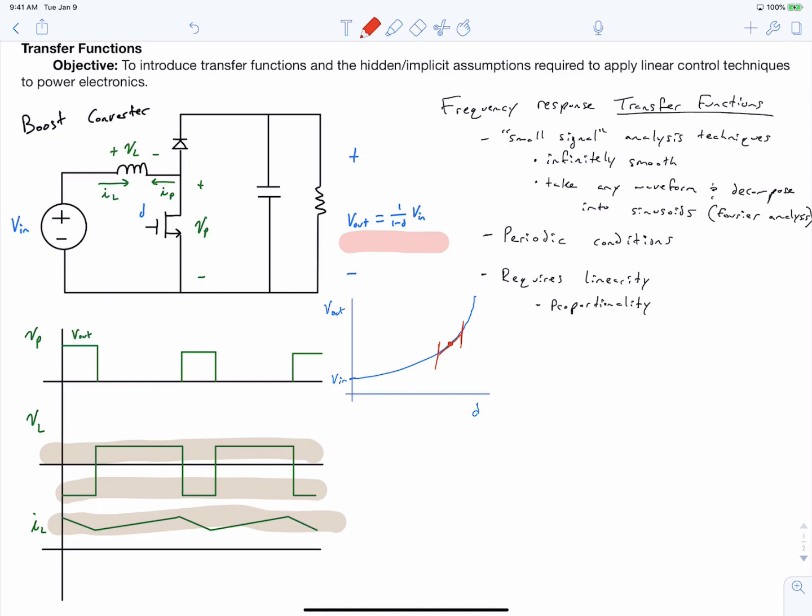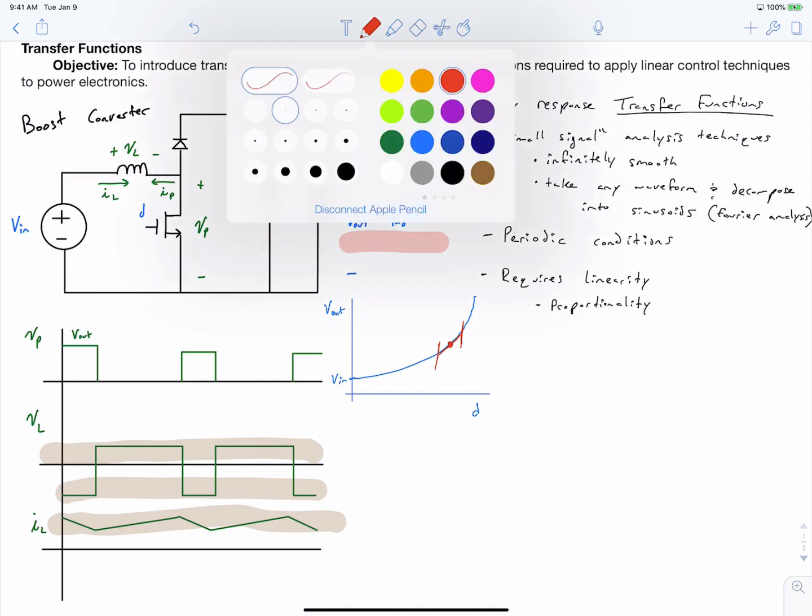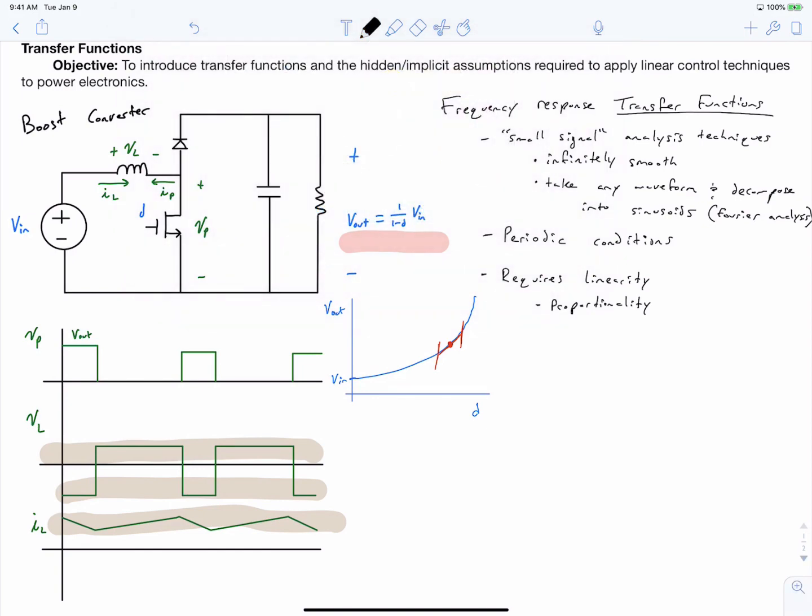So if we change our duty ratio by small increments about its nominal operating point, which is this point right here, our system behaves approximately linear. This is not completely the truth, it's an approximation. And we'll be talking about that more in later videos. So what else does linear mean? Linear means proportional. It also means that we can use superposition.